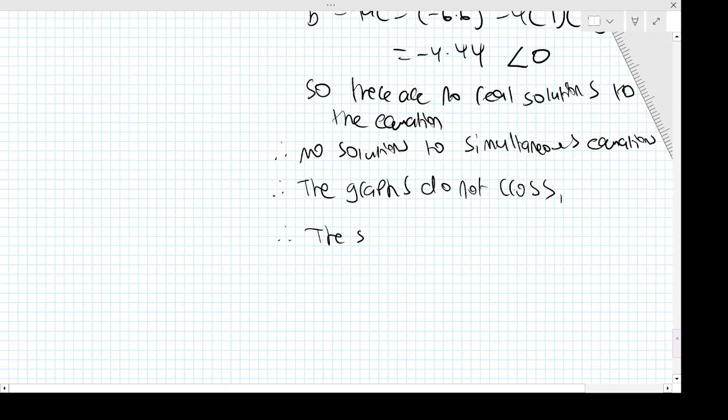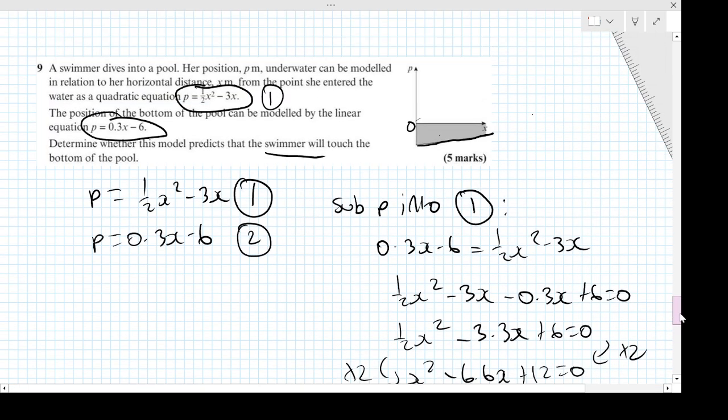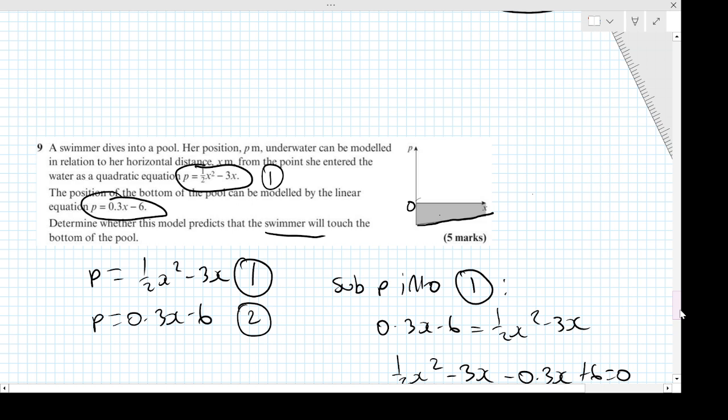Therefore, the swimmer. There we are. Cool.